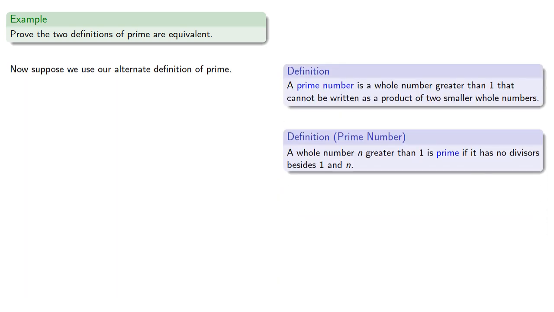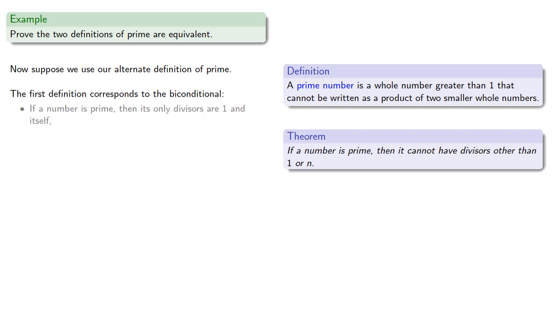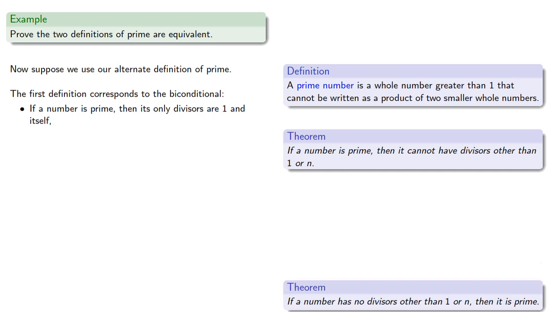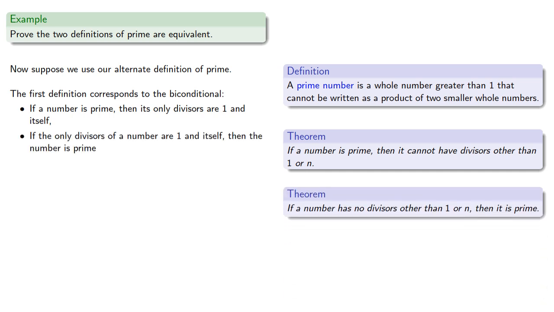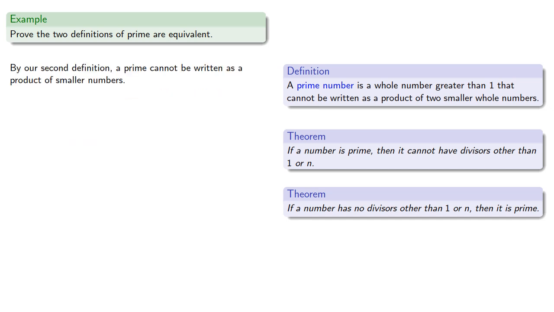Now suppose we use the alternate definition of prime. The first definition corresponds to the biconditional: if a number is prime, then its only divisors are 1 and itself, and if the only divisors of a number are 1 and itself, then the number is prime. By our second definition, a prime cannot be written as a product of smaller numbers. So again, we'll use proof by contradiction.